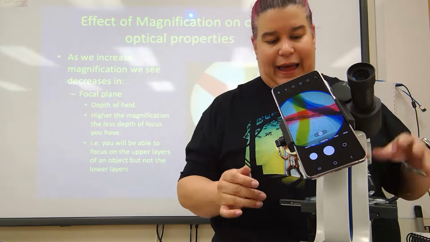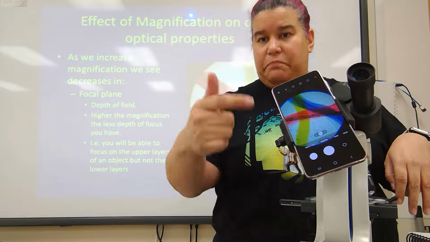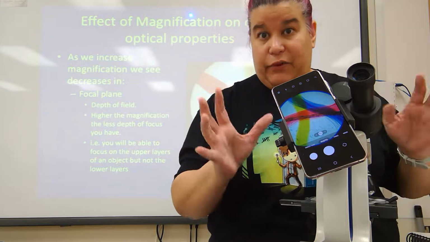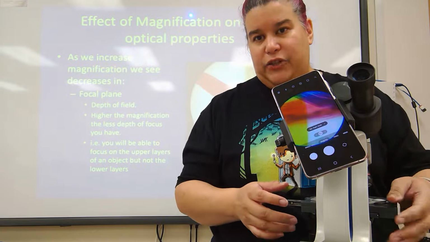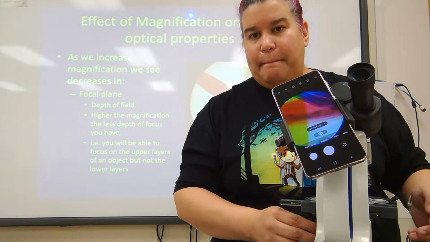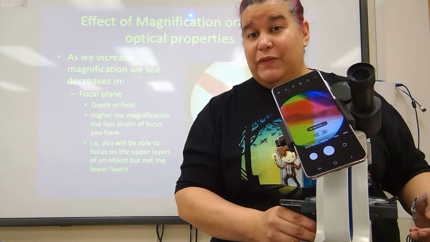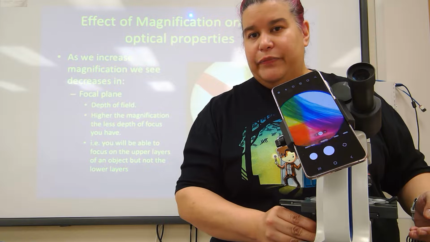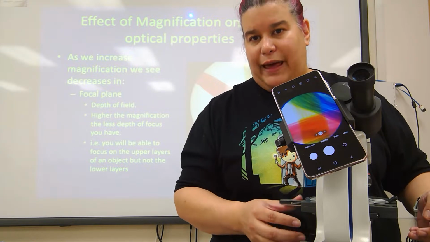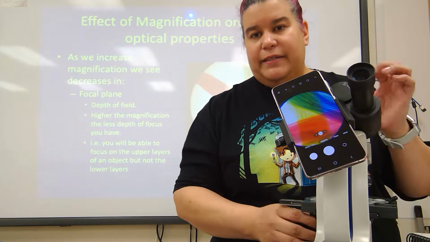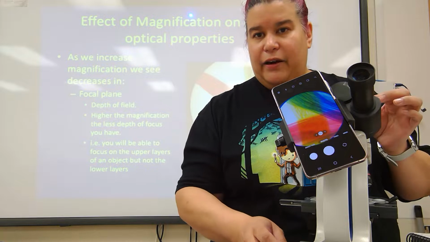You'll notice that at 4x, pretty much everybody's in focus. But when you turn up the magnification, I'm going to move this slightly. You'll start to notice that that clarity isn't there.